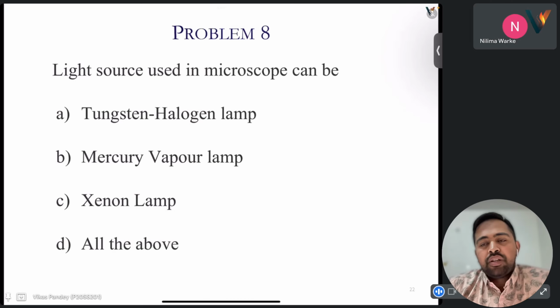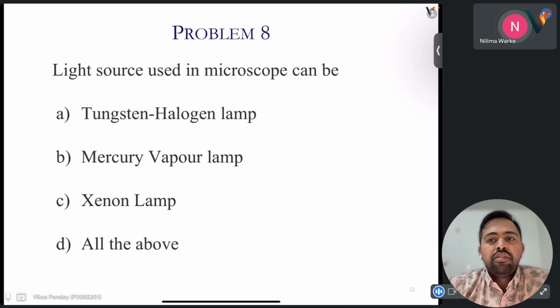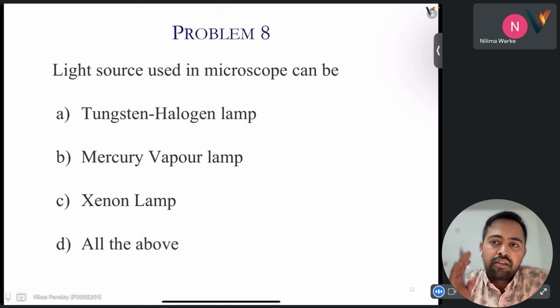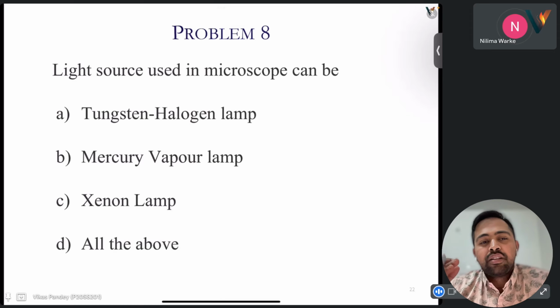It is more about the wavelength. By changing the wavelength, the intensity will also vary, and for different wavelengths, we will get different types of resolution. With the mercury vapor lamp and the tungsten halogen lamp, it is still fine, but it will get hot, so we will need a cooling system.